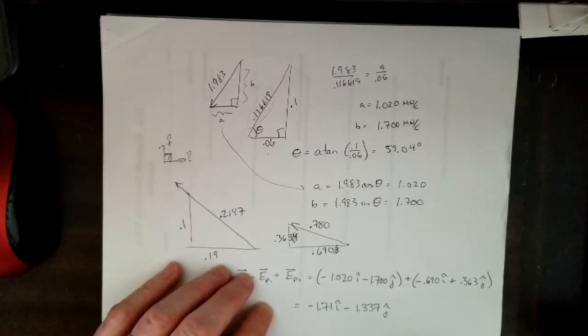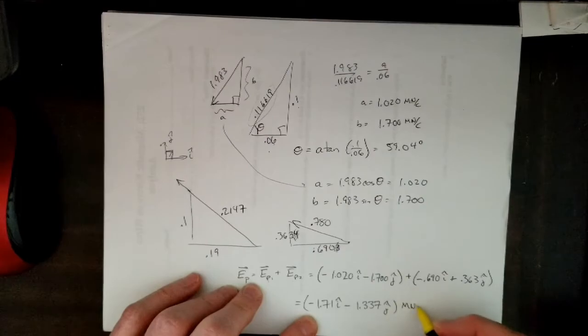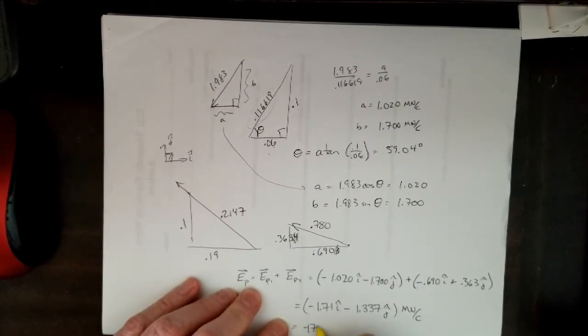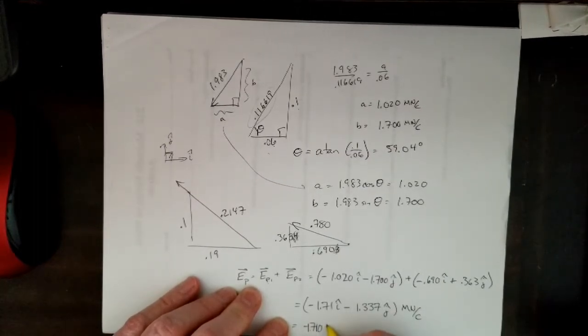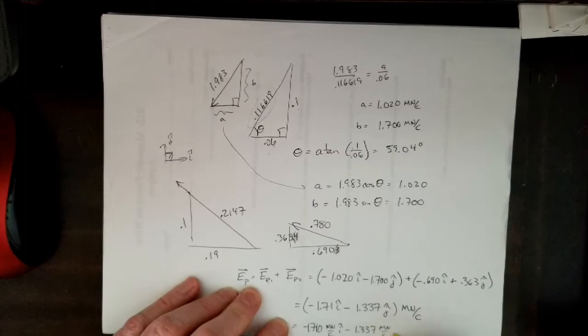And don't forget units. Units are critically important here, so don't forget units, mega newtons per coulomb. So 1.710 mega newtons per coulomb I hat minus 1.337 mega newtons per coulomb J hat.